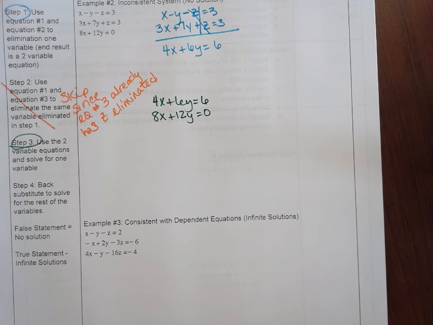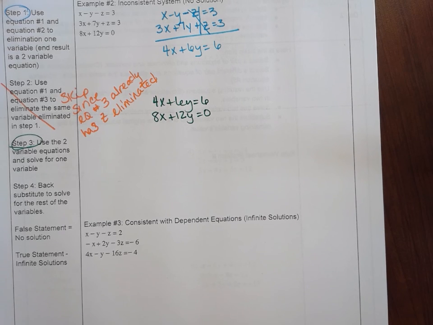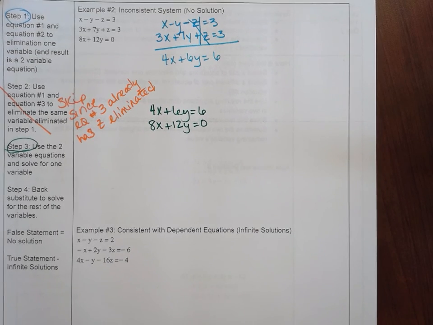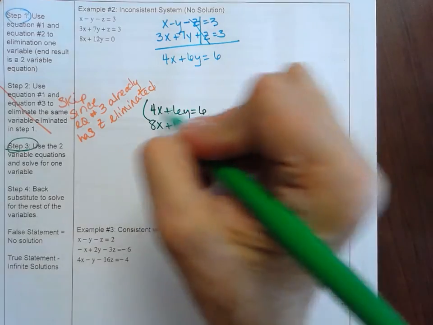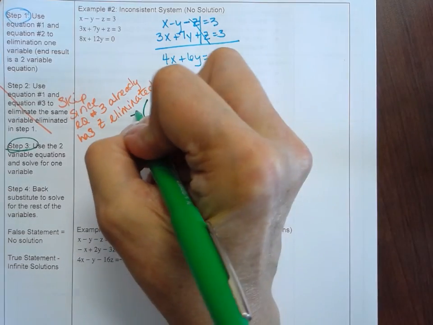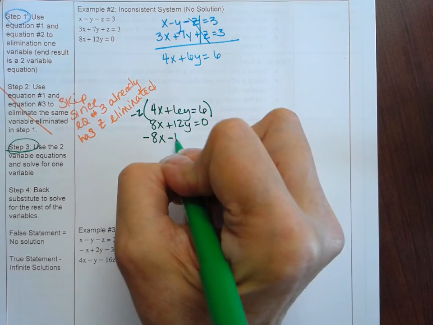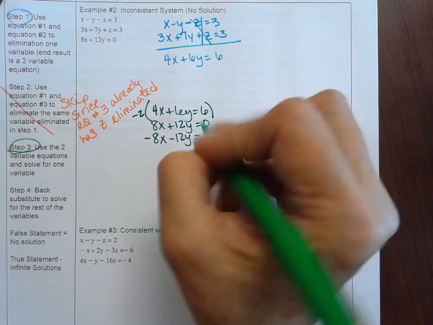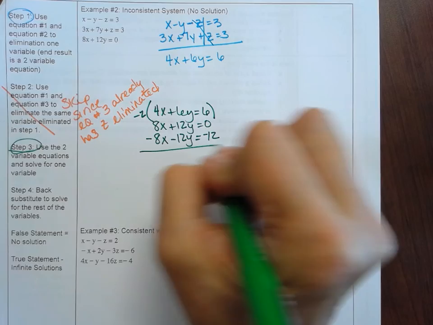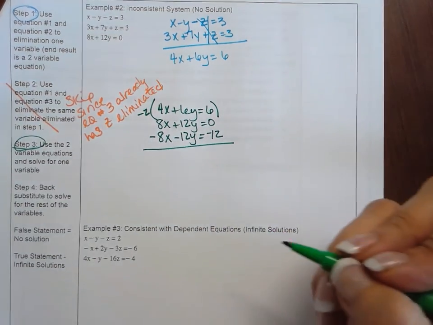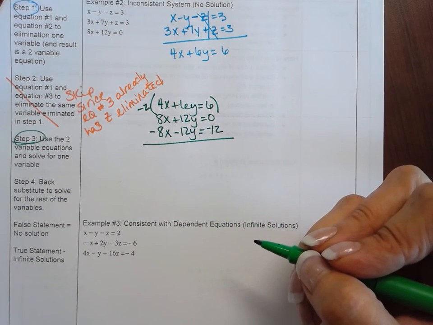Good? What do you want to eliminate? X or Y? X. Will that work? All right. What do I want to multiply the top equation by then? -2. I like it. So that gives me -8x minus 12y equals -12. Good?